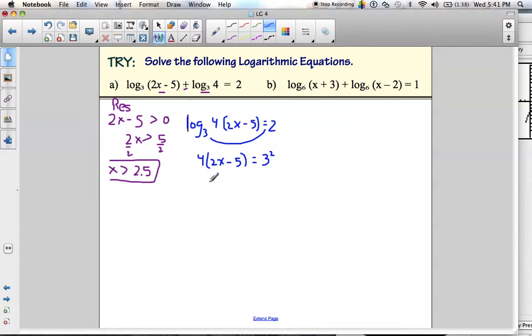Rainbow in, rainbow in. So 8x minus 20 equals 9. Move the 20 over, so we have 8x equals 29.